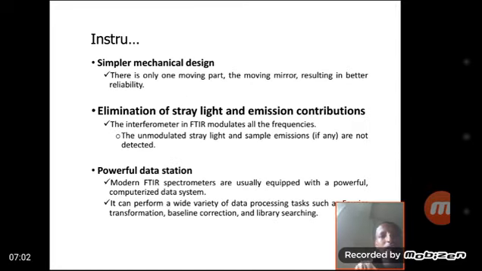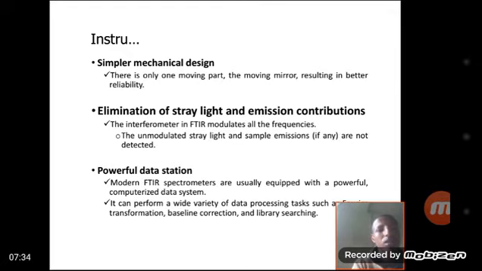The other advantage is simpler mechanical design. There is only one moving part, the moving mirror, resulting in better reliability, and also elimination of stray light and emission contribution. As we know, stray light affects the accuracy of the measurement because it is light that cannot pass through the sample but reaches the detector, and it decreases the intensity of absorbed light.